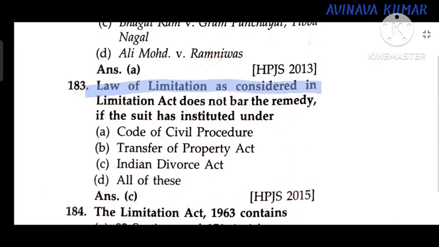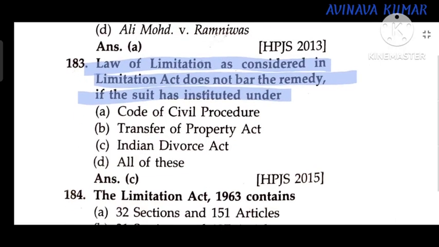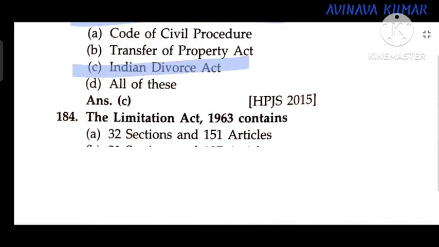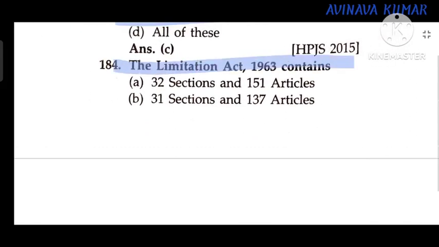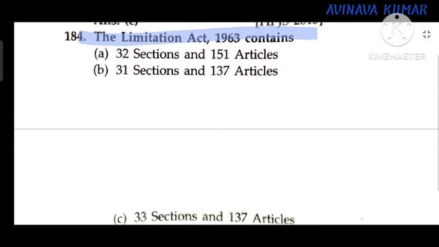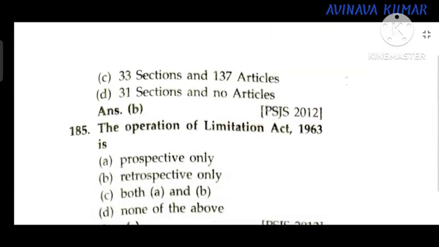The law of limitation as considered in the Limitation Act does not bar the remedy if the suit has been instituted under the Indian Divorce Act. Limitation Act 1963 contains 31 sections and 137 articles.